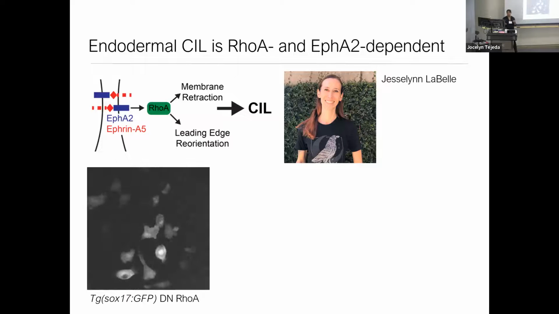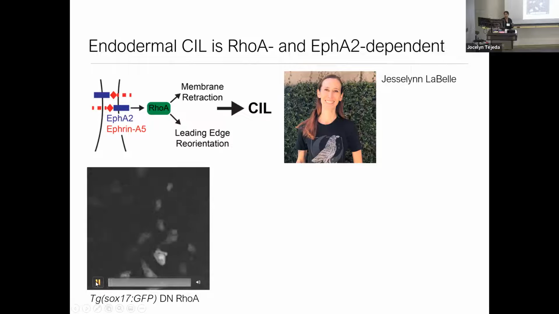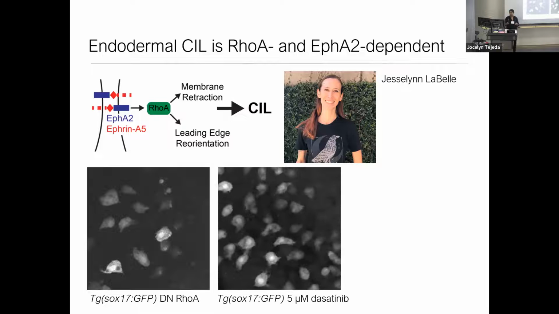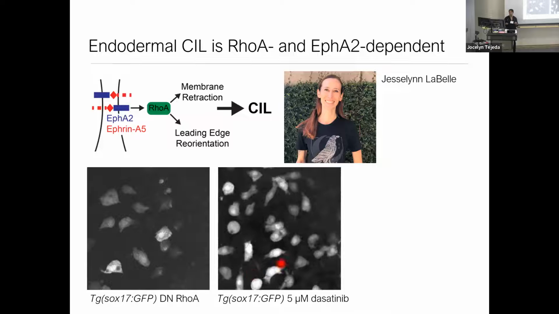This is an example of cells expressing dominant negative RhoA. In this case, you'll see this cell bump into that other cell, and it didn't care. It just kept going in the same direction. Similarly, if we inhibit the FA2 receptor, we see similar types of interactions.